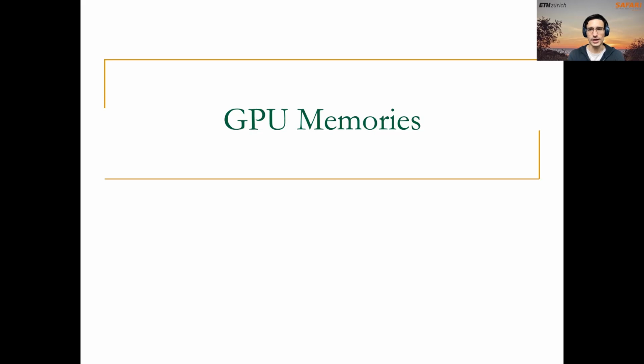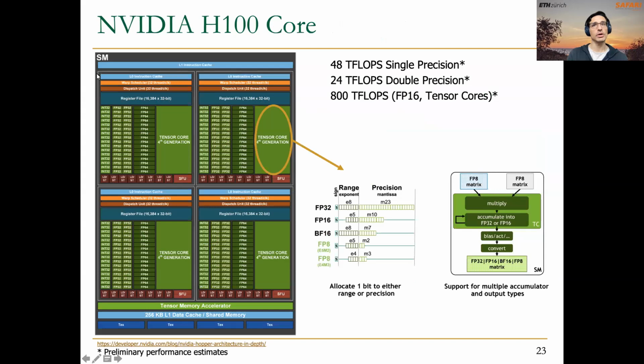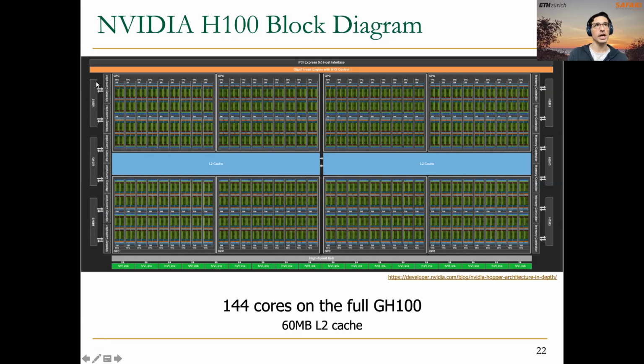let's go to the next thing that is important to understand, to know the basics of GPU programming, and these are the GPU memories. If you take a look at the overview of the block diagram of the H100 GPU, you can already see here what's the external memory. In the particular case of this H100, it's HBM3 memory.